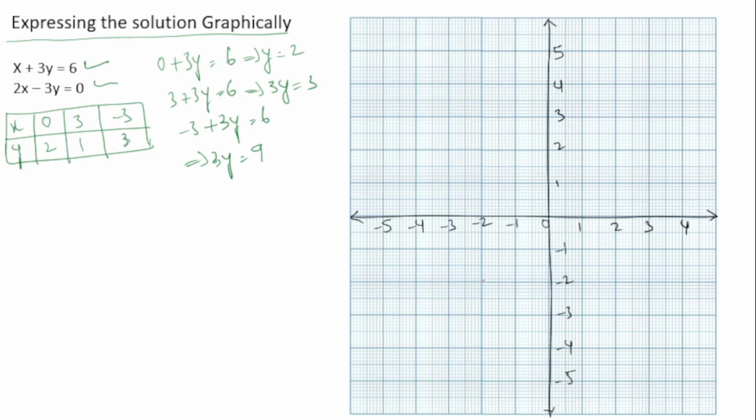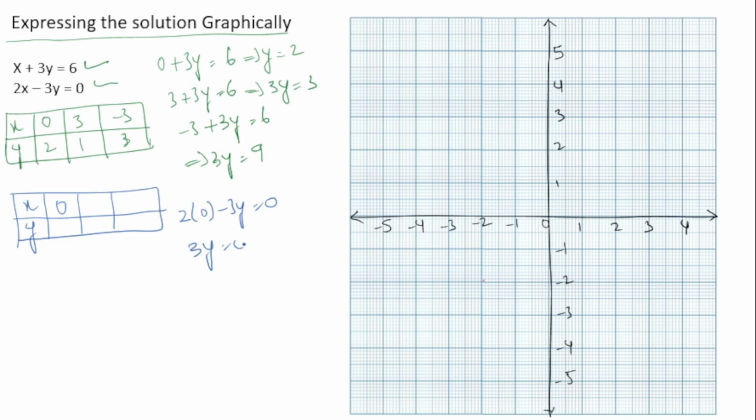Okay. And in the second equation, we will assume a few values of x and find out the values of y. These are x values and these are y values. If x is equal to 0 in the second equation, 2 into 0 minus 3y is equal to 0. So here 3y is equal to 0. If x is 0, then y is 0.